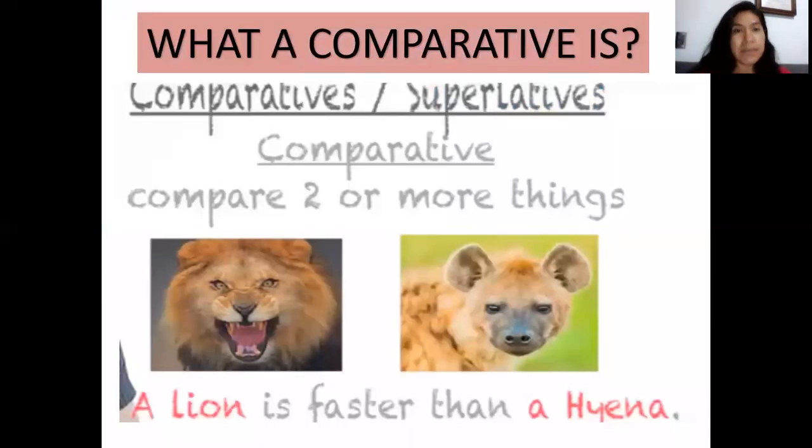For example, in the picture we have this example that says, a lion is faster than a hyena. We compare the lion with the hyena, and we say that the lion is faster than the hyena.